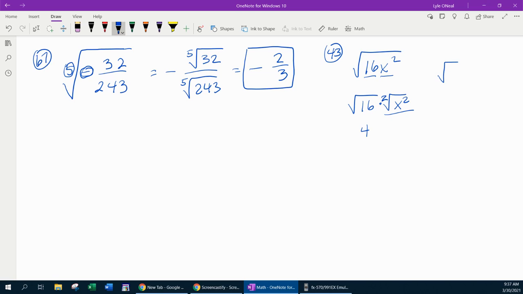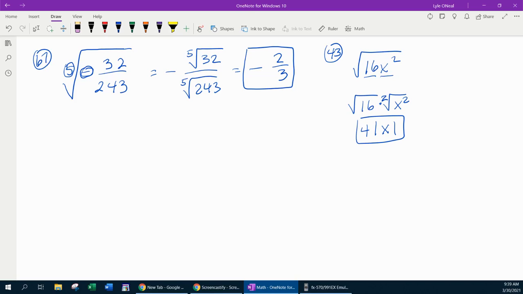And that is when your index is even and it matches your exponent, which is even, then your answer is going to be absolute value of whatever the radicand is. And I'm going to explain why we have to have the absolute value in a second. So the square root of x squared is going to be absolute value of x.